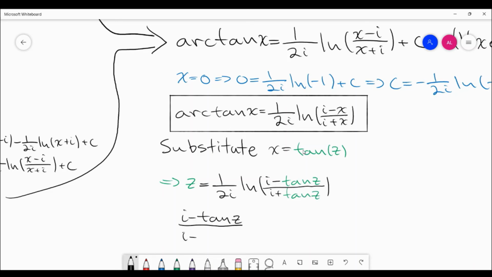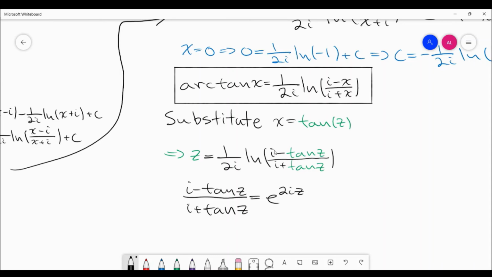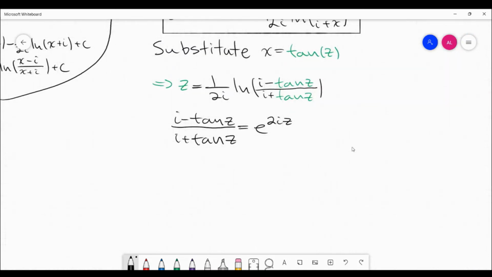So we have (i minus tan z) over (i plus tan z) equals e to the 2iz, right? If we multiply both sides by 2i and then exponentiate each side by e, we get e to the natural log, which is just this inside, and on the other side, e to the 2iz.